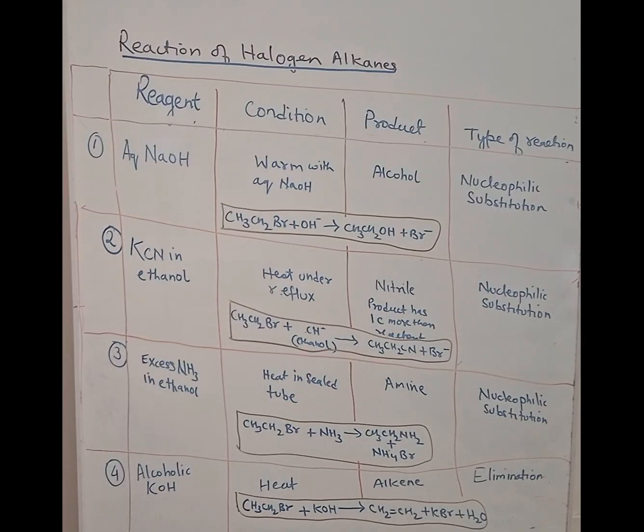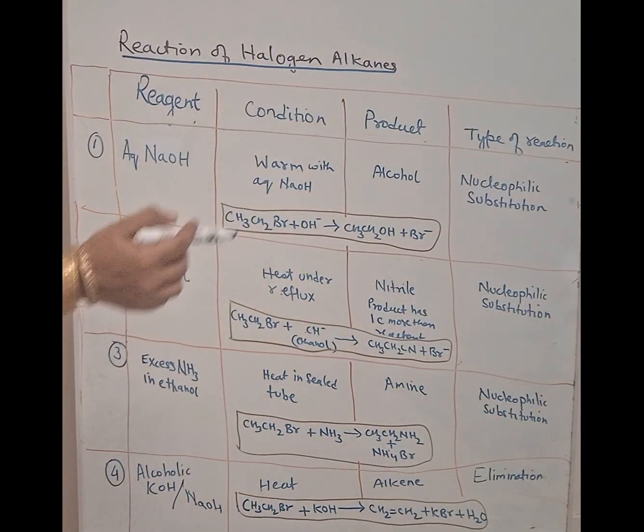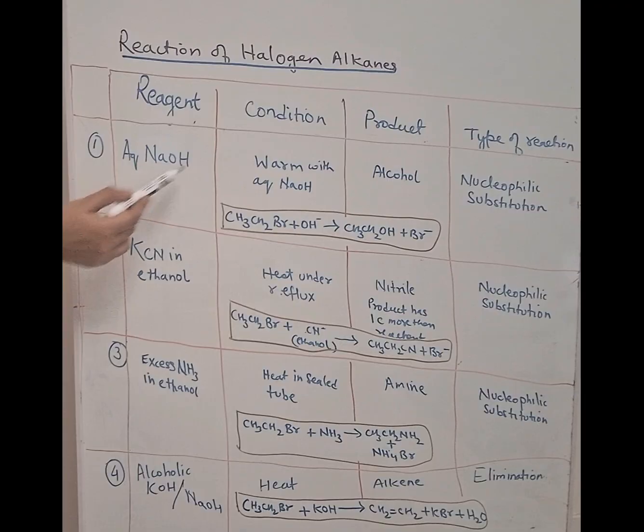We can compare these reactions because when halogen alkane reacts with aqueous NaOH, the product is alcohol. But when halogen alkane reacts with alcoholic KOH, the product is alkene.